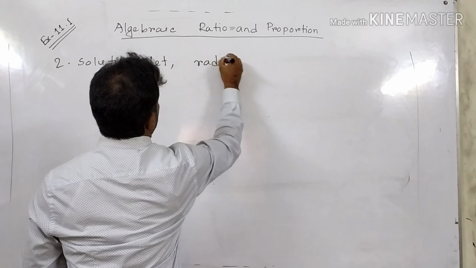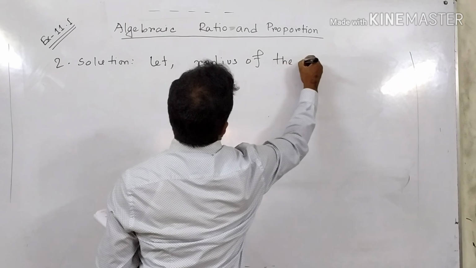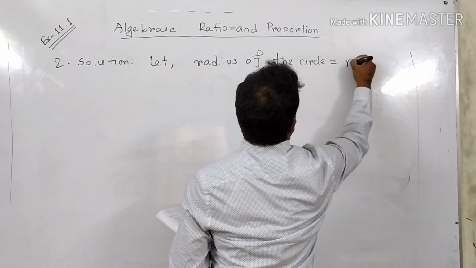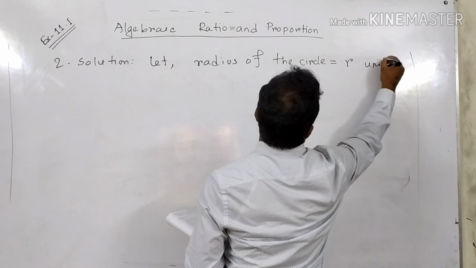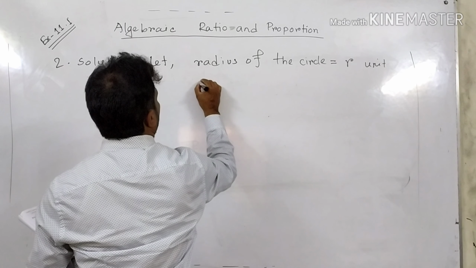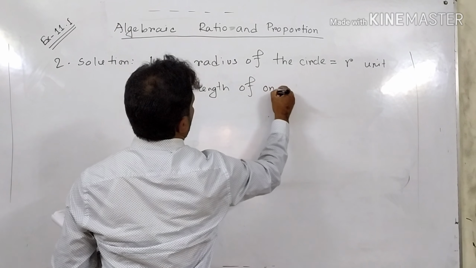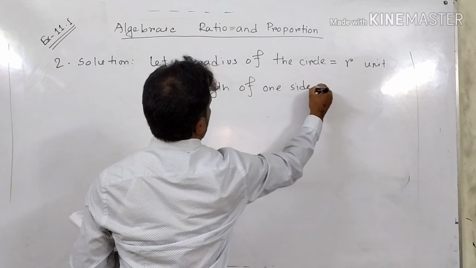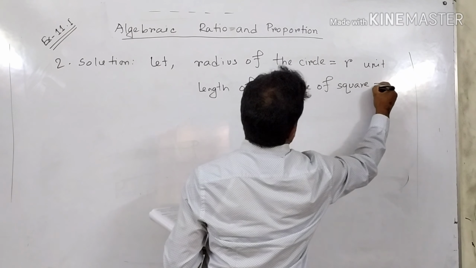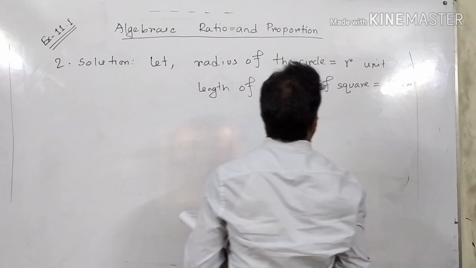radius of the circle equal to r unit and length of one side of a square equal to a unit.